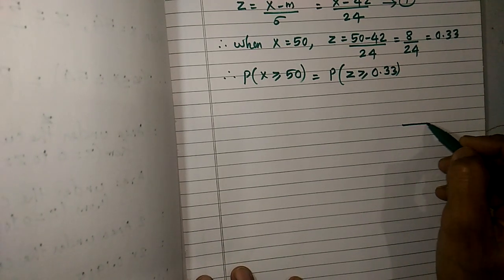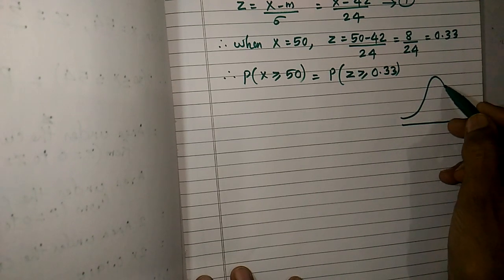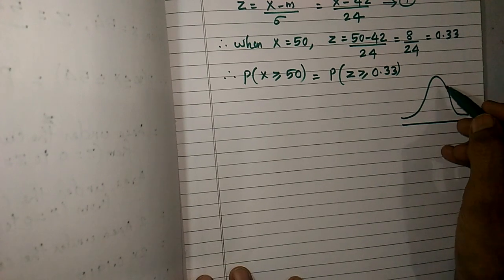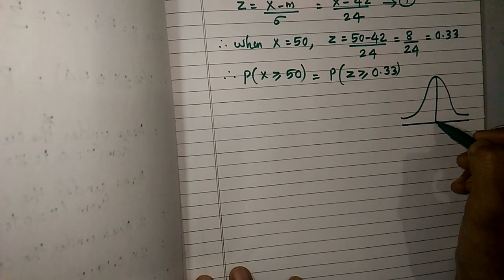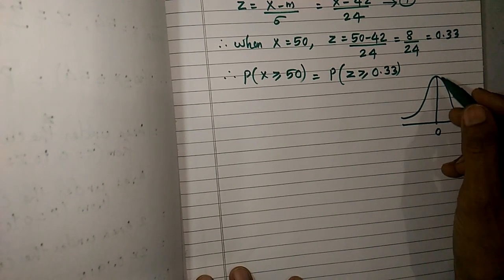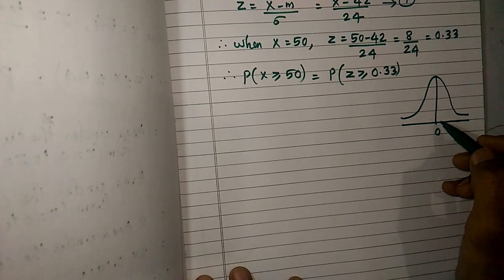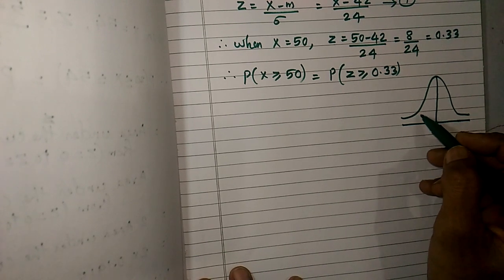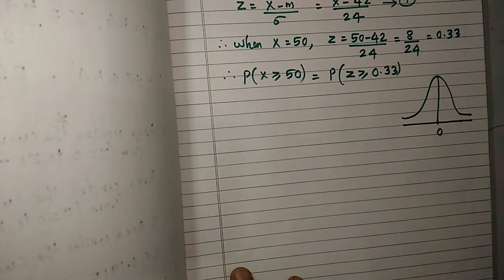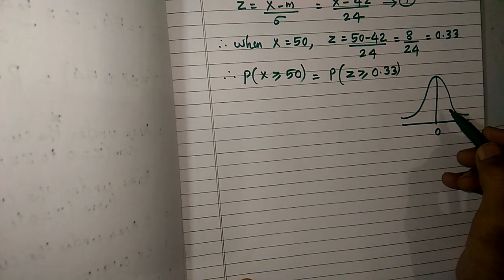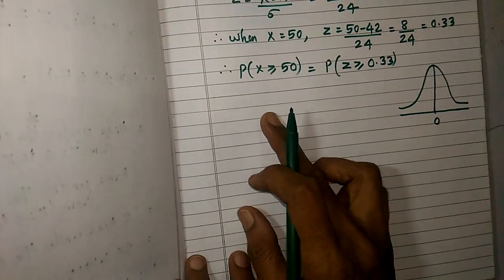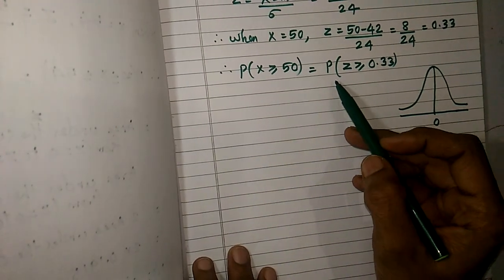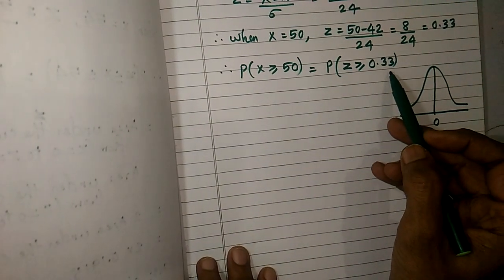Remember, in a standard normal curve, both sides are symmetrical to each other and this center point is the mean, therefore 0, and the standard deviation is 1. The area to the left side of 0 is 0.5 and the area to the right side of 0 is also 0.5. So here, the probability that x is greater than or equal to 50 means you need to find the probability that z is greater than or equal to 0.33.